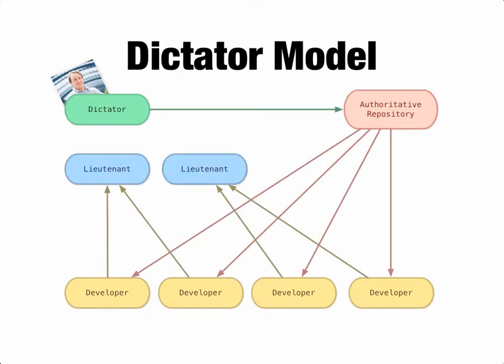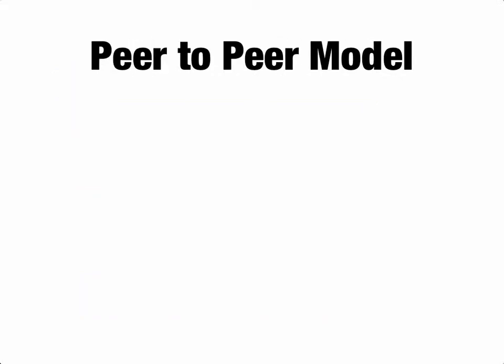And they push to lieutenants. So there can obviously be several tiers of lieutenants, scaling up to however many you want. In the case of Linux, he only has about a dozen lieutenants, who I think in turn do have their own lieutenants. So basically, developers push to lieutenants, and the Dictator only takes pull requests from the lieutenants and then pushes back to the authoritative repository.